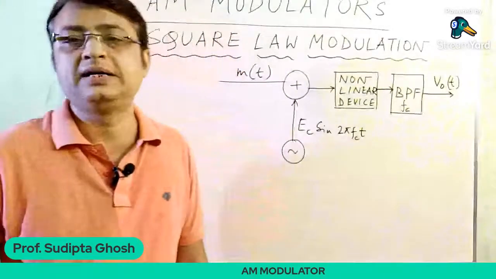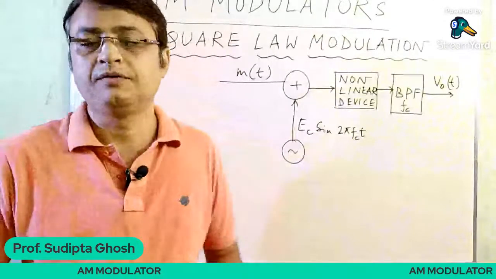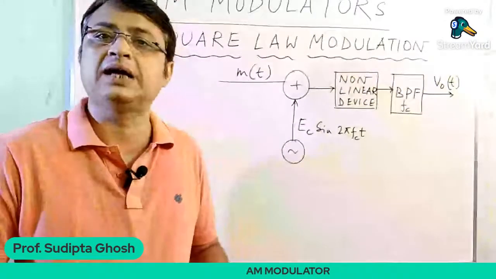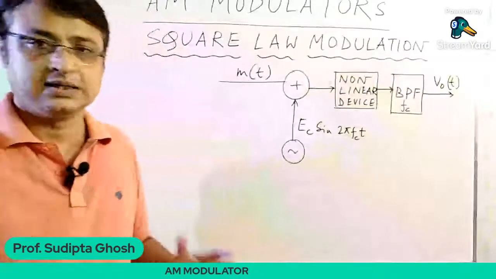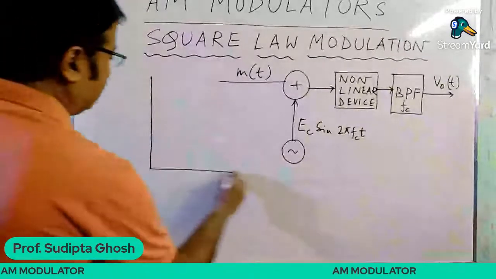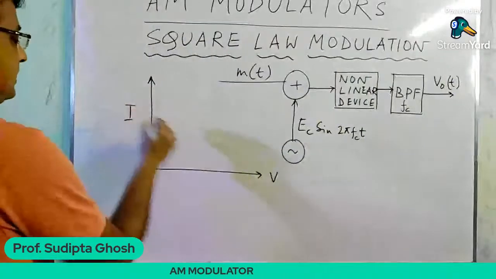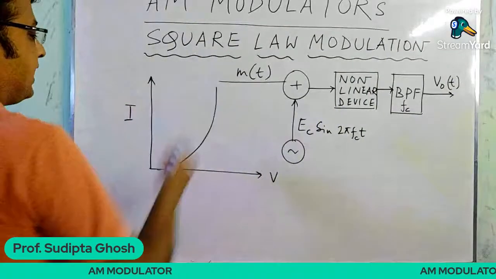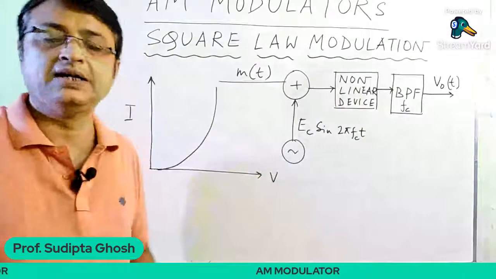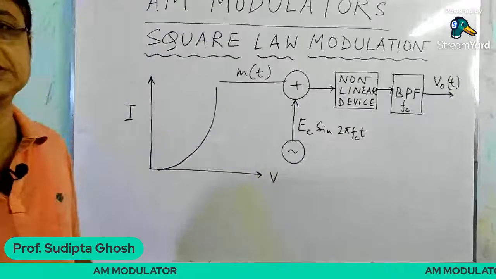Any nonlinear device can be used here, but we are confining ourselves in this discussion to a simple PN junction diode. You know that it is a nonlinear device because the voltage and current characteristics look like this. So this is specifically a PN junction diode.